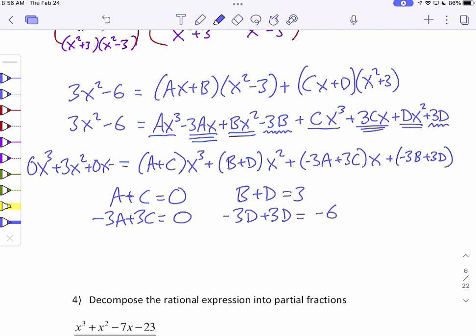Now, there's two ways I could solve this system. This one just happens to be an easy one to solve. I could throw all 4 of these equations into one big matrix and solve. Or I could just coincidentally, because of the way this problem is, make this into a system and just do that and find A and C. That's an easy system.